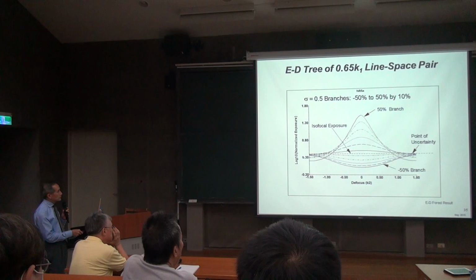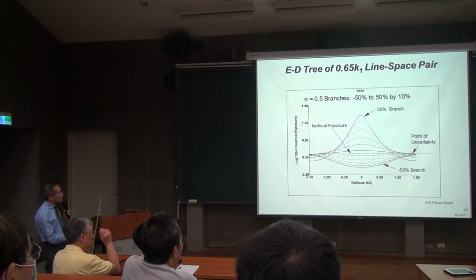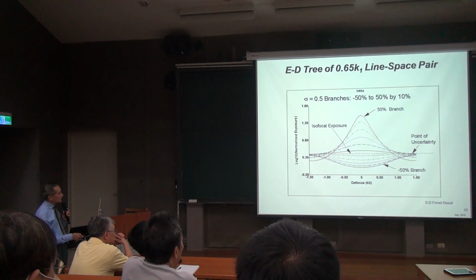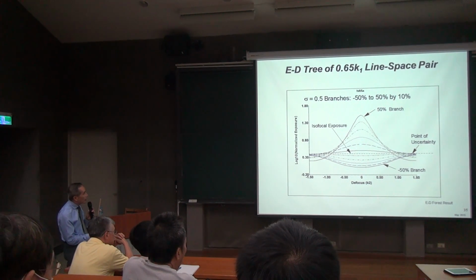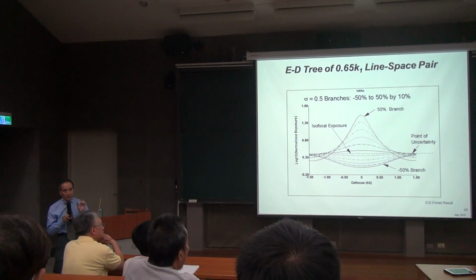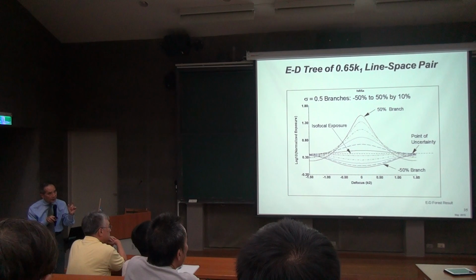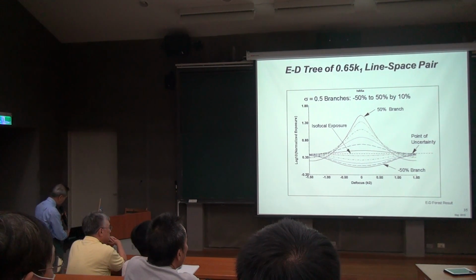This is a constant line width contour, and then I have 40, 30, 20, 10%, and so forth coming down. If I want my line width to vary between plus and minus 10%, it is in this area. So if you can control your focus and your intensity within this zone, you're guaranteed to have plus minus 10% line width control. But this is still not quantitative enough.